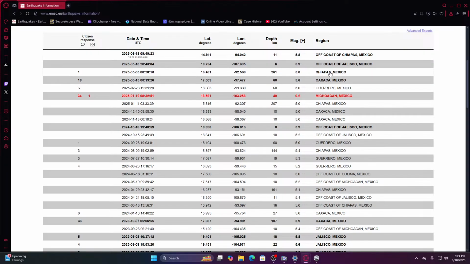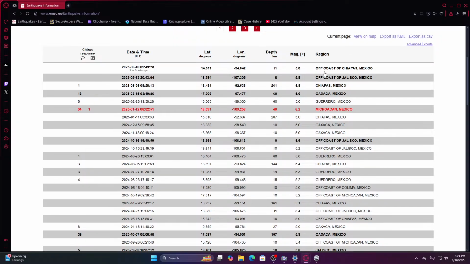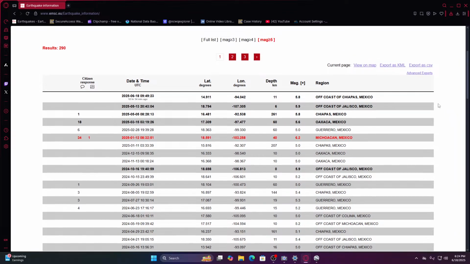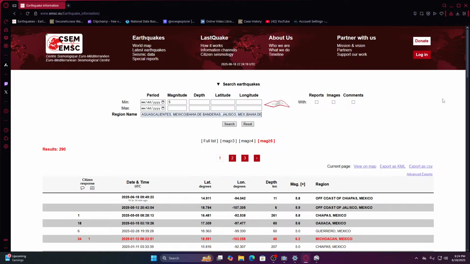So we did have some deeper 5s, but this 5/5/2025 was 261 kilometers deep. So we'll have to still watch and see, because some of these may be aftershocks, but some of them may also be earthquakes. And the deeper they are, it makes me think that they're earthquakes. Well, they are earthquakes, duh, but something to keep an eye on.